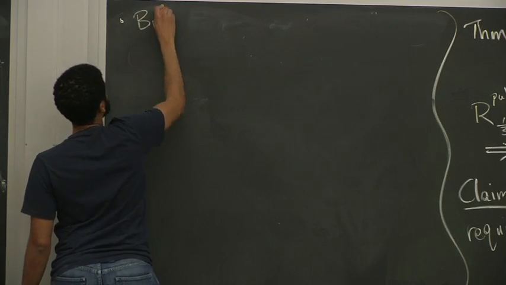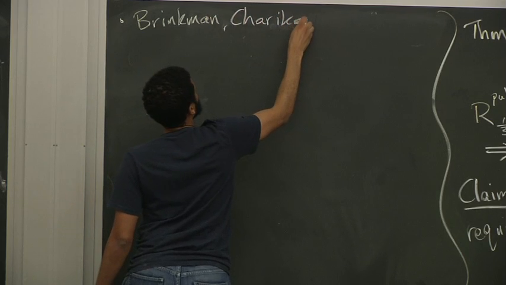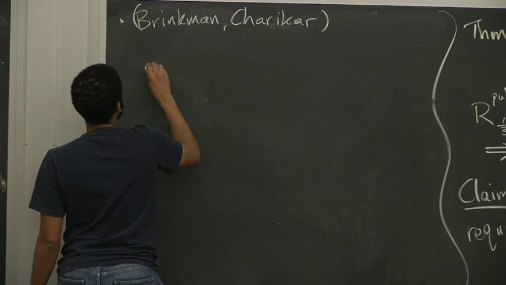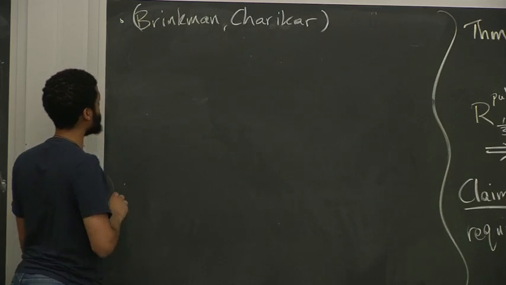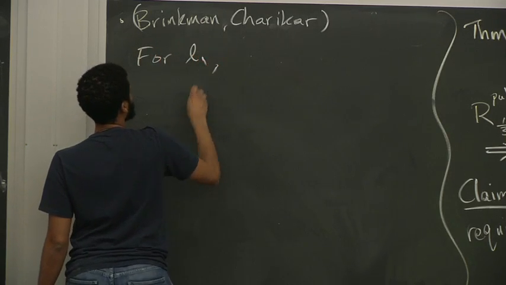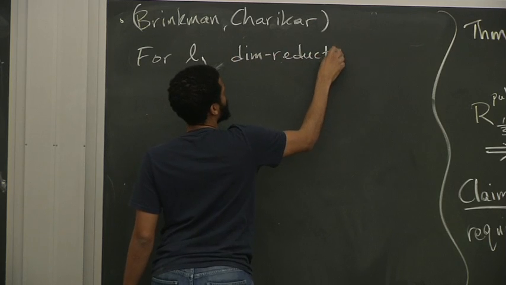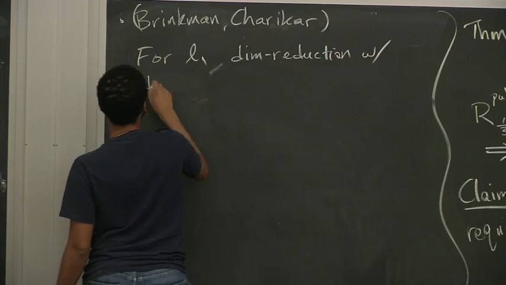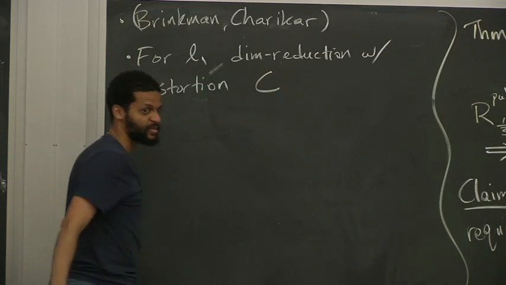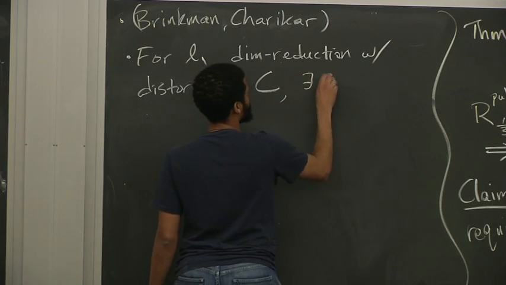Brinkman and Charikar, I'm now forgetting the year, they showed the following. Basically for L1, dimensionality reduction with distortion C, there exists a set of N points.